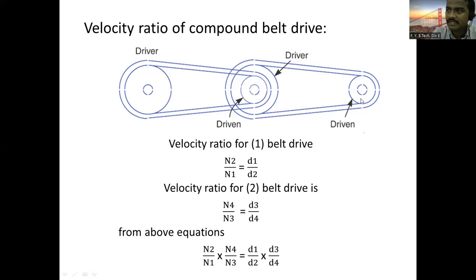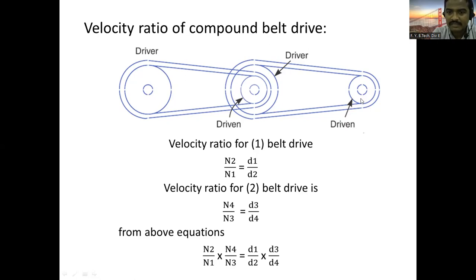N1 is the speed of the driving pulley, D1 is the diameter of the driving pulley, D2 is the diameter of the driven pulley, and N2 is the speed of the driven pulley. So driven speed divided by driving speed is equal to the diameter of the driving pulley divided by the diameter of the driven pulley. That equation we obtained yesterday.